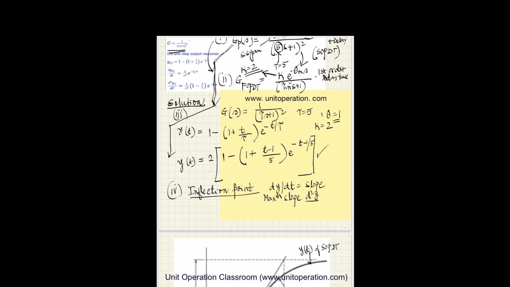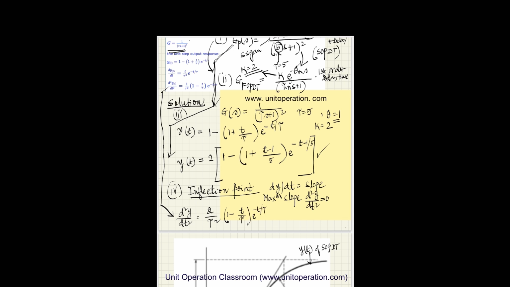The second derivative is already given, so we can write d2y over dt squared is equal to 2 over tau squared times (1 minus t over tau) e to the power minus t over tau, with tau equal to 5, and that will be equal to 0.